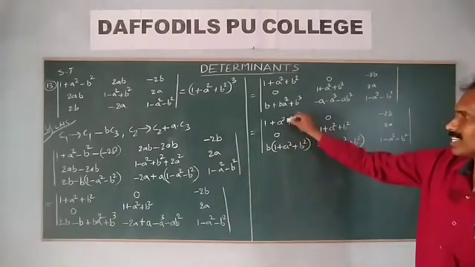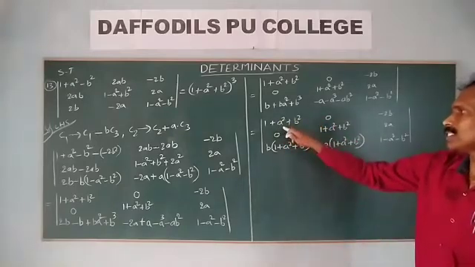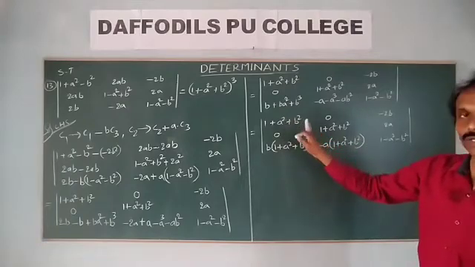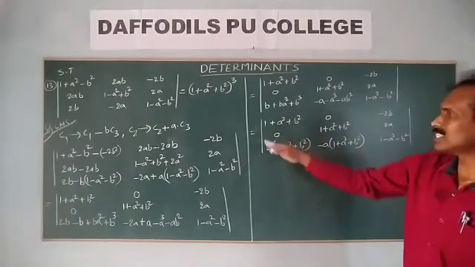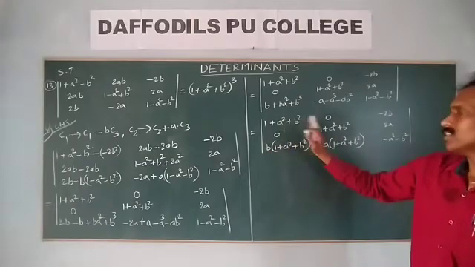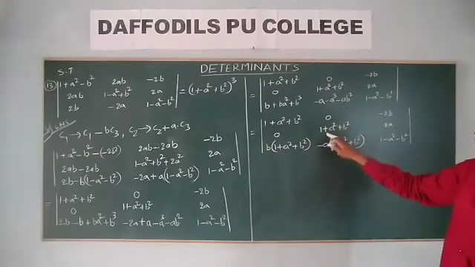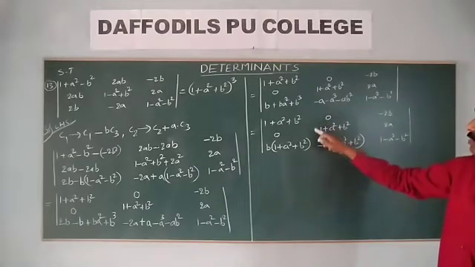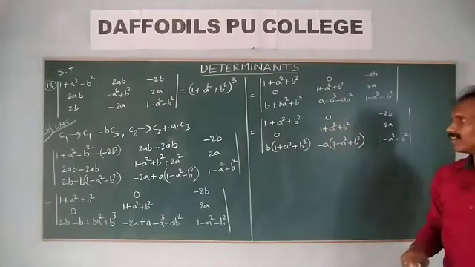Okay, from C1, the 1 plus A square plus B square term is there, and 0 into this also 0 only. So take common 1 plus A square plus B square from C1. Right. From C2 also 1 plus A square plus B square is there, so from C2 also we take out common.